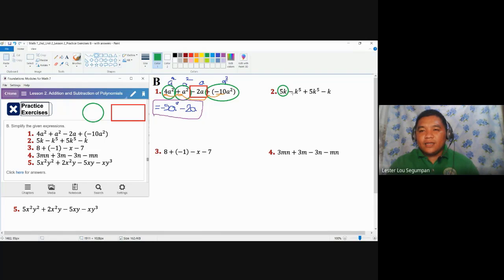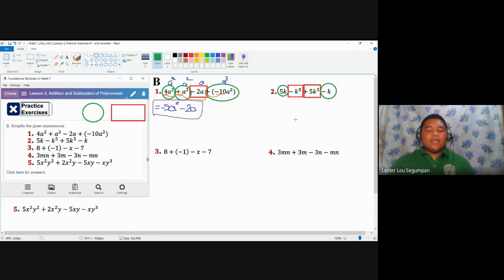The second term is k to the power of 5, so it's unlike, let me use here this box. And then the third term is also k to the power of 5, so let us use here another box. And the last one is negative k, so let us use here another circle.